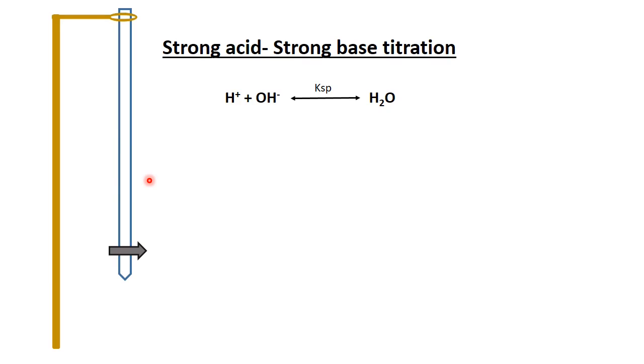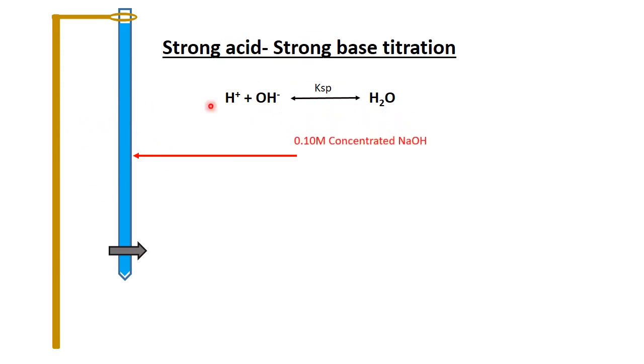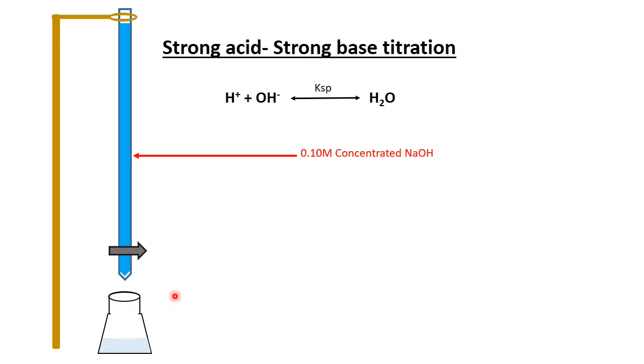Usually we use a base in the burette, and here as we are using a strong base, we are using 0.10 M NaOH, and we need a titration flask. In our titration flask we are using our strong acid, that means 0.10 M HCl, 25 cubic centimeters.